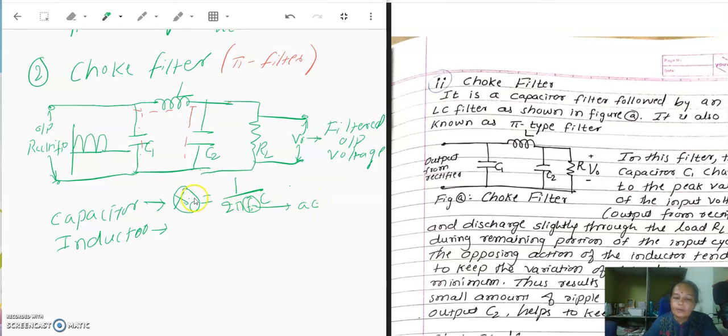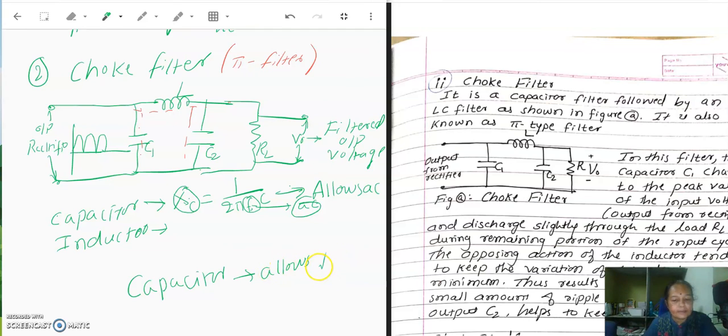So Xc will be low if AC is high. So what we can comment is capacitor allows AC. So capacitor allows AC.